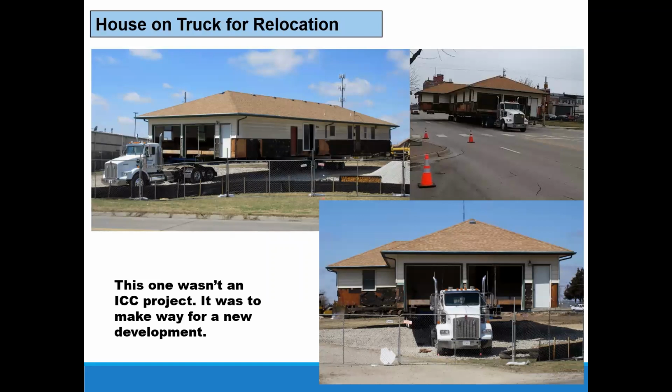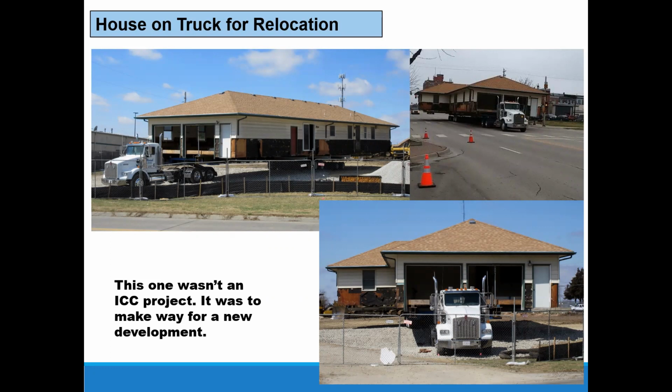So definitely that structure has to be able to withstand being relocated, and not all of them are going to be. But this is what it looks like. It looks kind of crazy seeing a house driving down the road, but then it's relocated to higher ground, hopefully outside of the floodplain altogether, of course. And then this actually wasn't part of an ICC project, but this is basically how the process works.